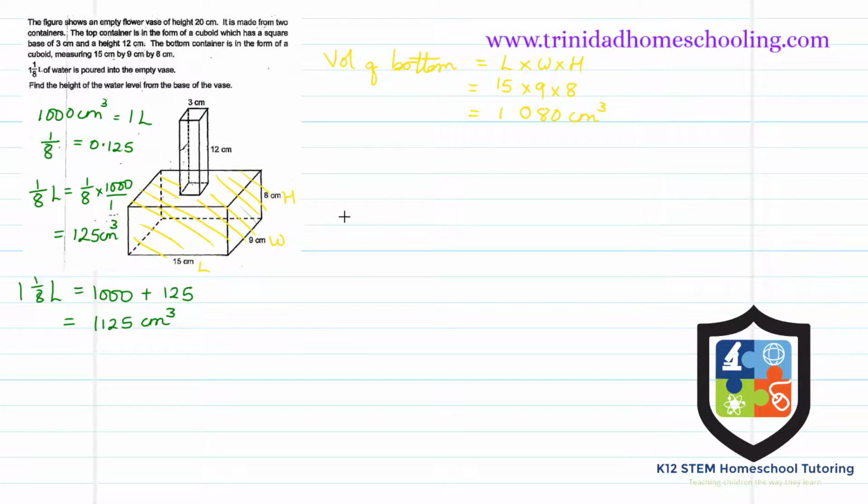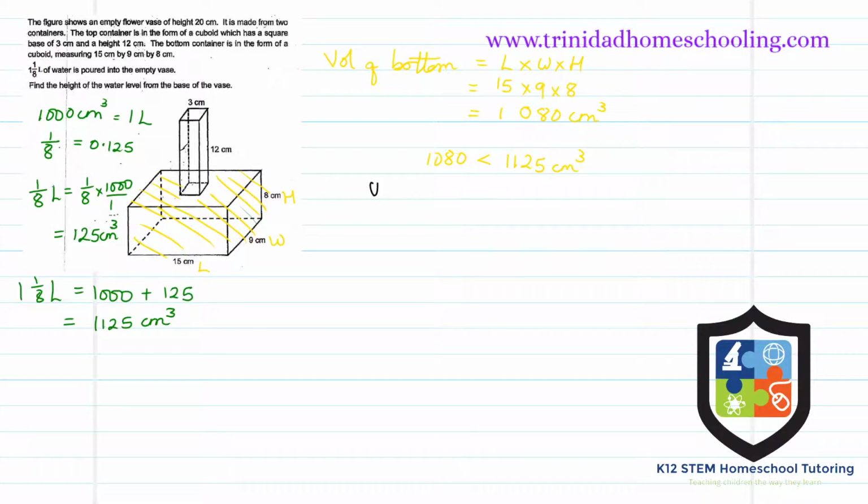Just looking at this, we can see that the base is completely filled, because 1080, which is the bottom of the vase, is less than 1125 centimeters cubed.